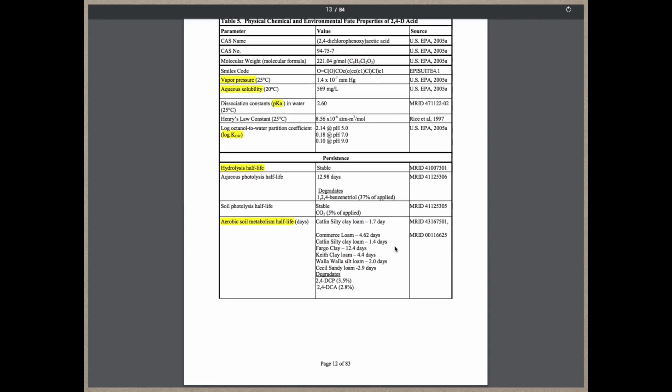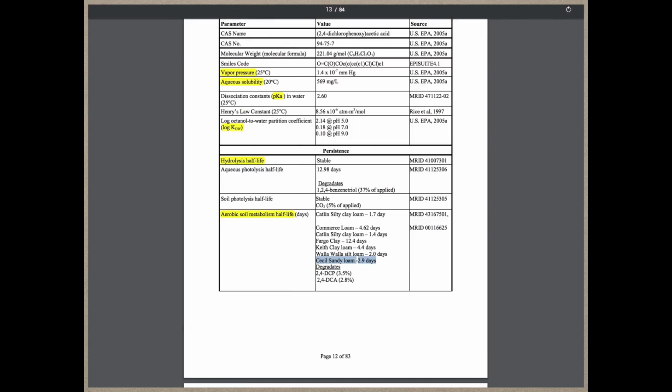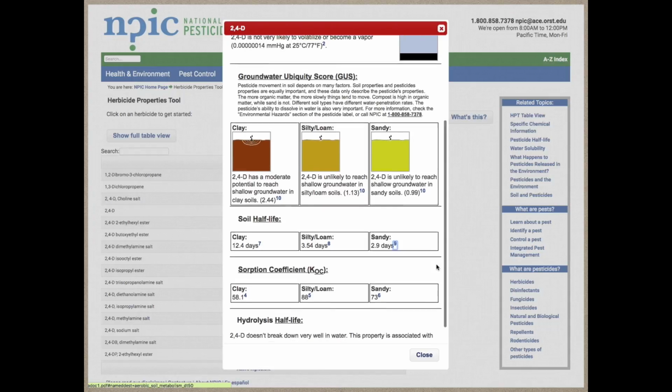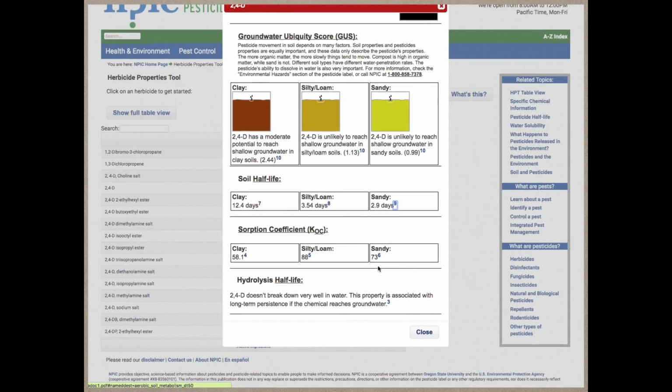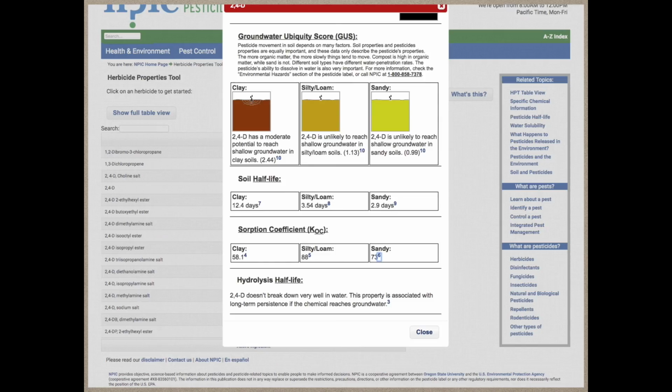Looking at where that information came from, we see that here. Okay. And it looks like KOC in this type of soil is 73. Let's take a look at that resource too. Okay, there it is.